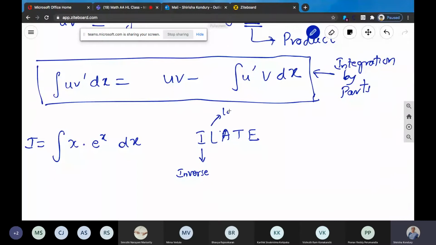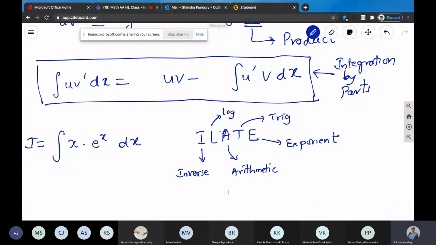L stands for logarithmic function. A stands for arithmetic functions: x cube, x square, all your power functions, polynomials. T is trigonometric functions and E is exponent.